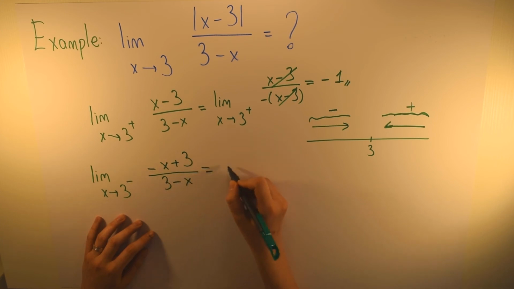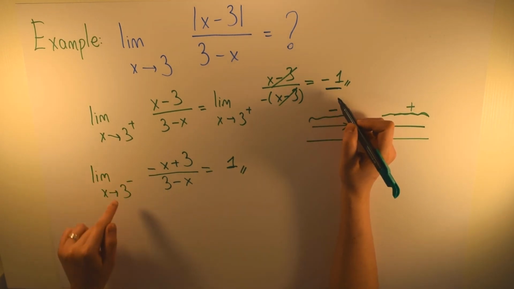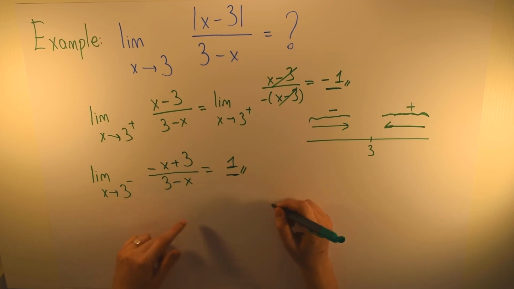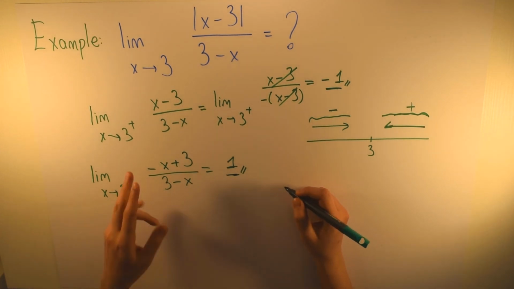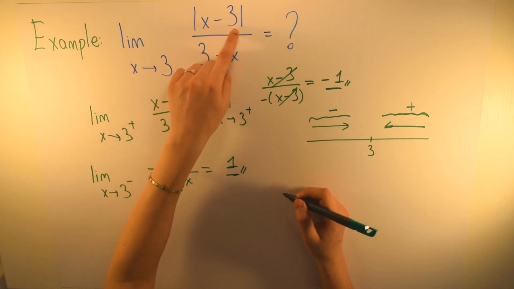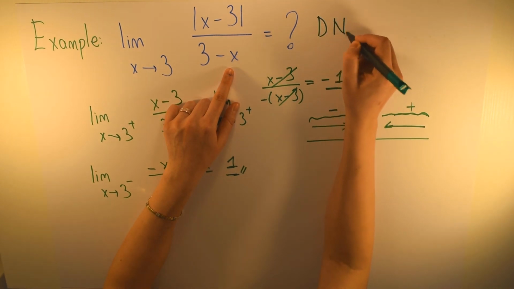These are the same thing, so this is equal to 1. So as you can see, from the right side we got minus 1, from the left side we got 1. So we can say that the limit as x approaches 3 of the absolute value of x minus 3 over 3 minus x doesn't exist.